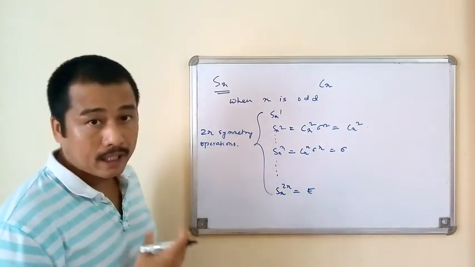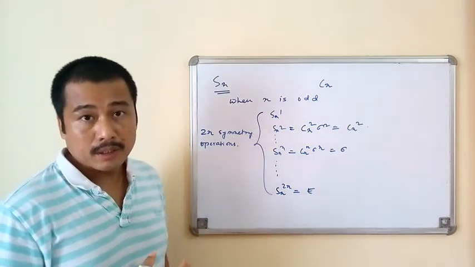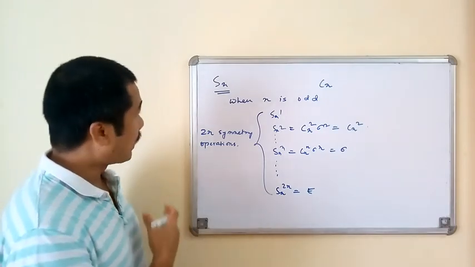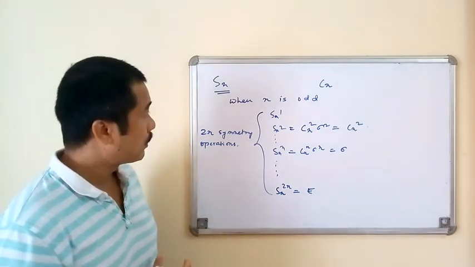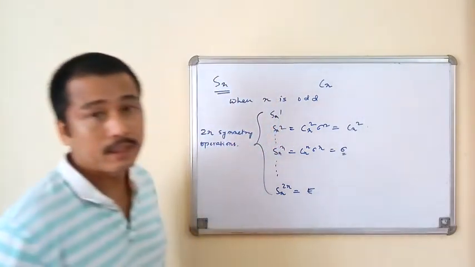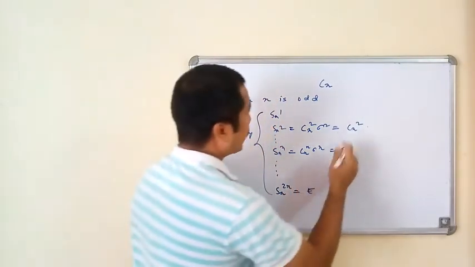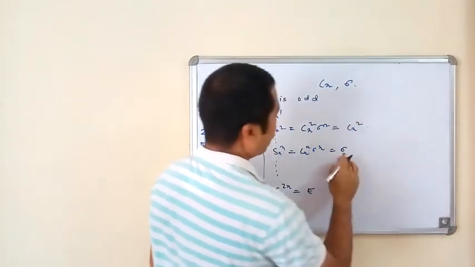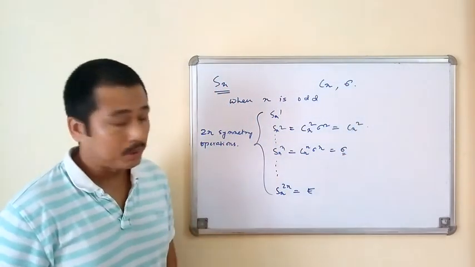Apart from this Cn, another symmetry element is going to coexist when you have an Sn axis of symmetry of odd order, that is a sigma, because sigma also will exist independently apart from the Cn axis of symmetry.